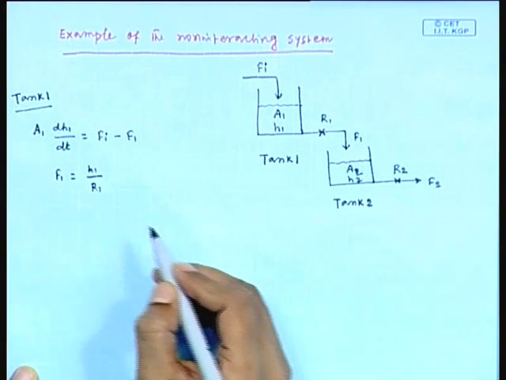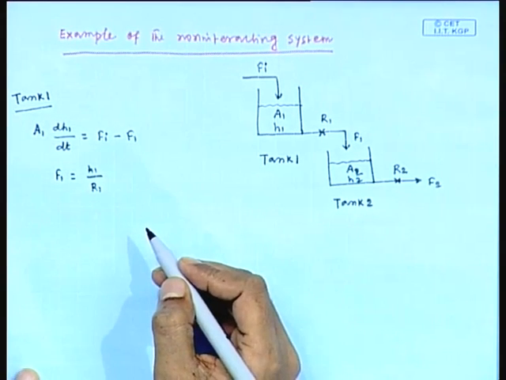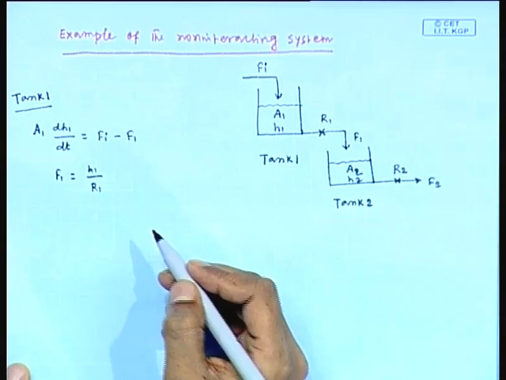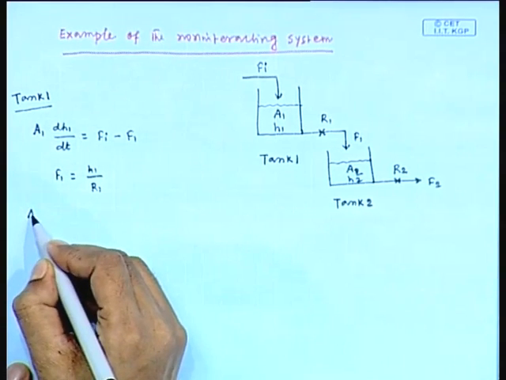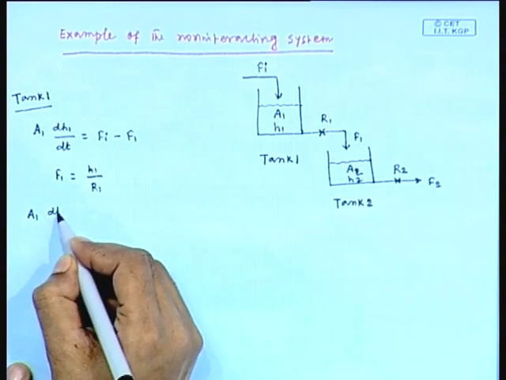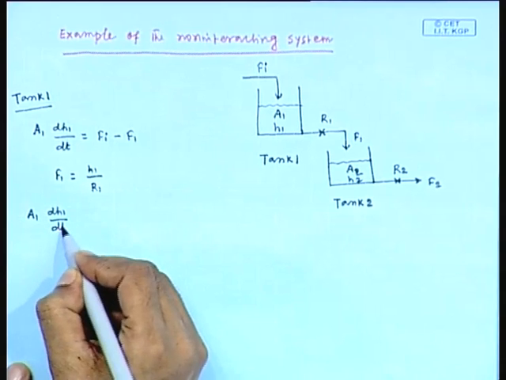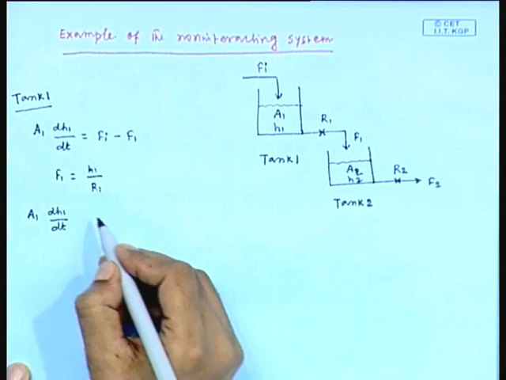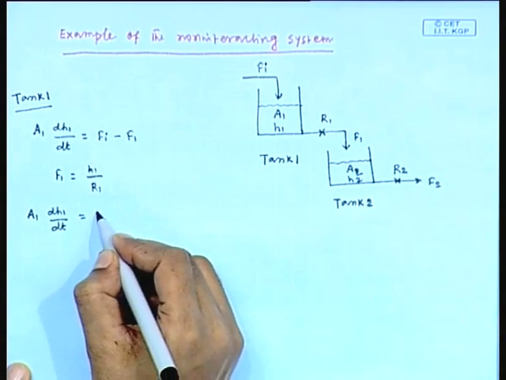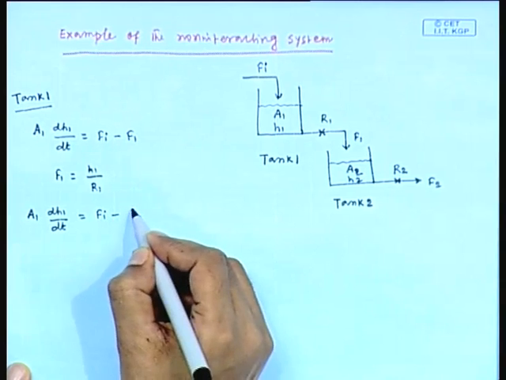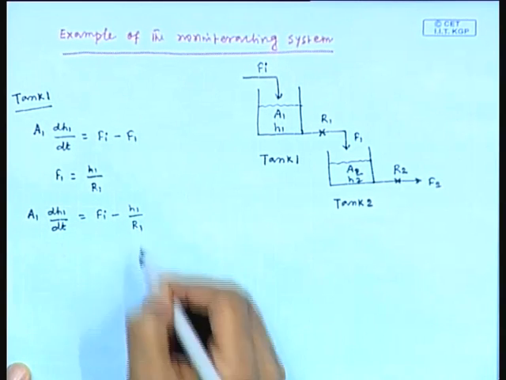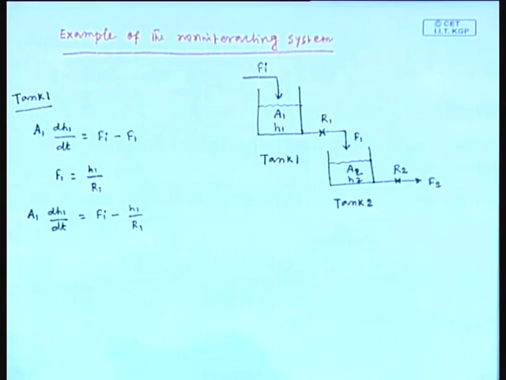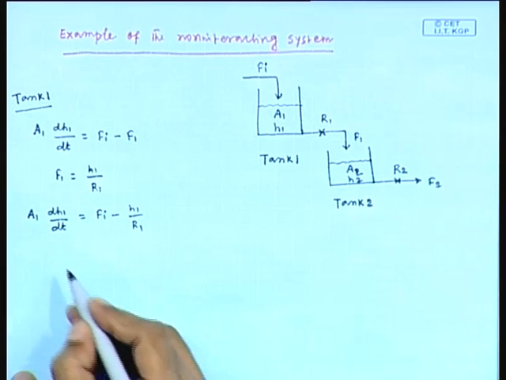If we substitute F1 equals H1 divided by R1 in the modeling equation, then we have A1 dH1/dt equals Fi minus H1 divided by R1. Substituting the expression of F1, we finally get this.